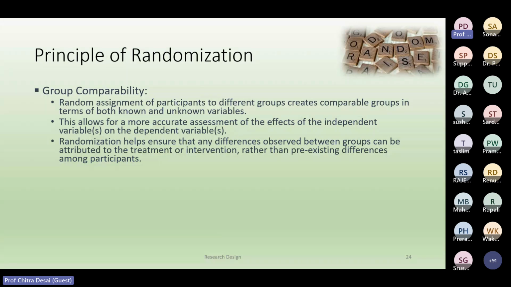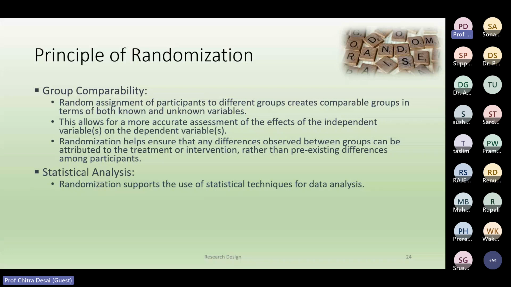Another component we need to consider in the principle of randomization is statistical analysis. Randomization supports the use of statistical analysis for data analysis, and it also helps the researcher use inferential statistics to determine the differences observed between the different groups in a statistically significant manner.